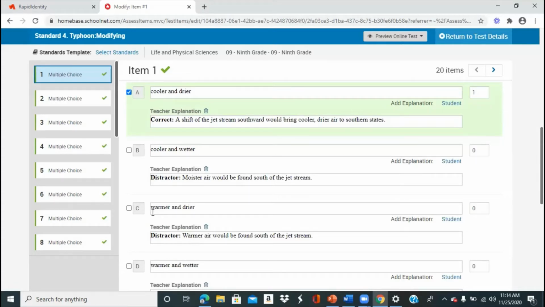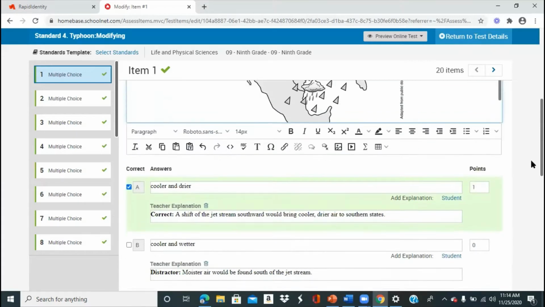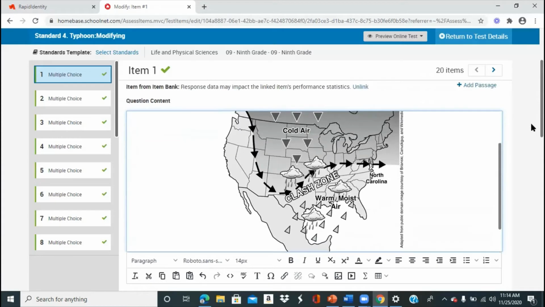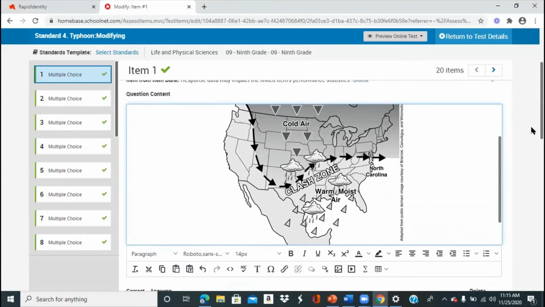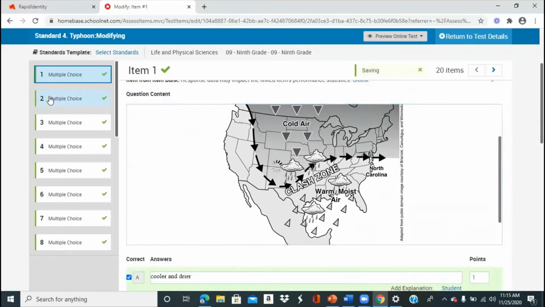Instead, those are considered distractors. Among the two, it's not going to be wet because there are no rain clouds. So it's going to be cooler and drier weather in North Carolina for this particular spring, which is reflected in the map. Okay, so we go to the next item.